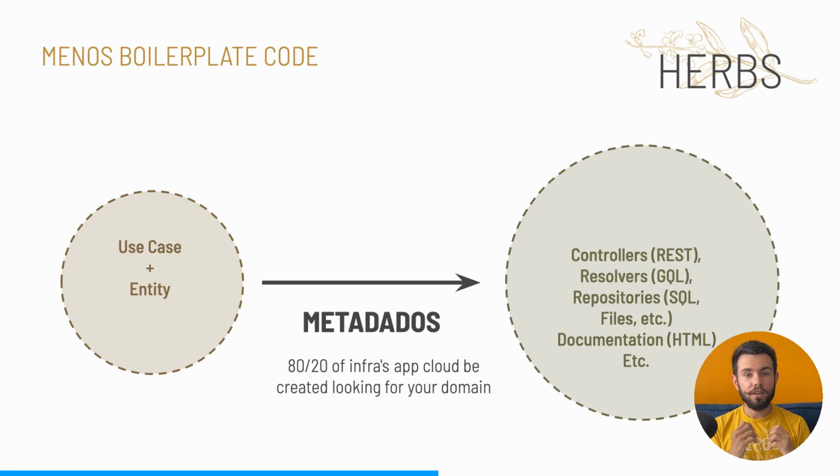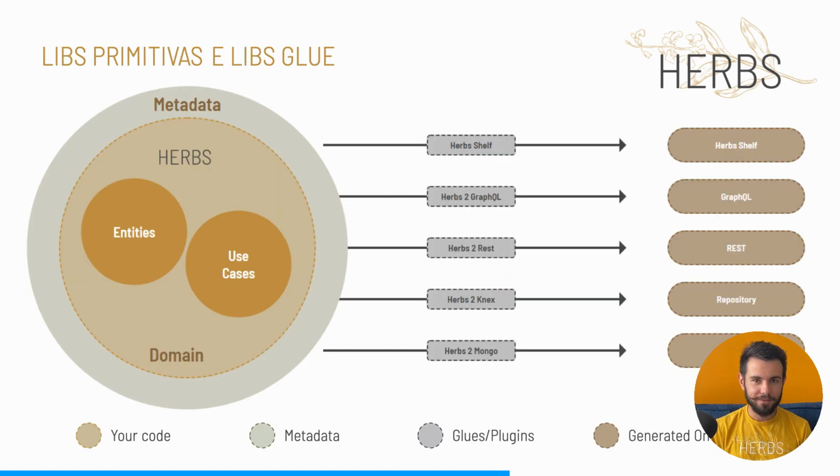When we write our use case and entities, we have the use case name, the entity properties, the entity validations, the property types, and everything is metadata. So with this information, we can generate your controllers, resolvers, repositories, documentation, and more.